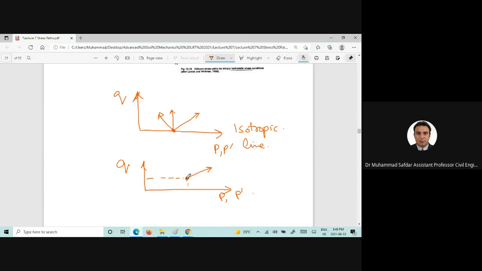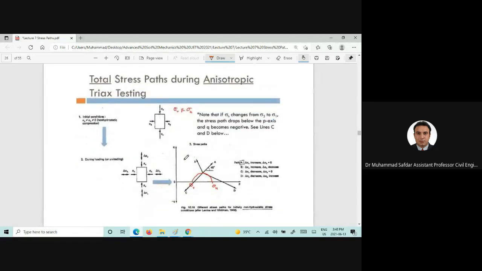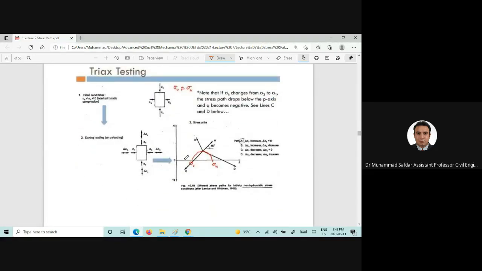So the consolidation is occurring at an anisotropic condition. Now what will happen? The stress path will also depend upon the anisotropic condition.